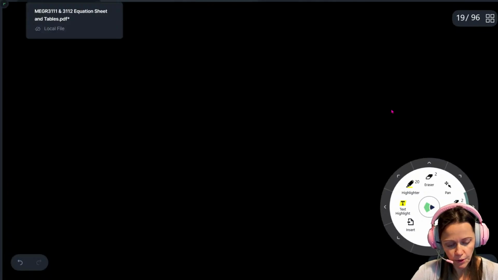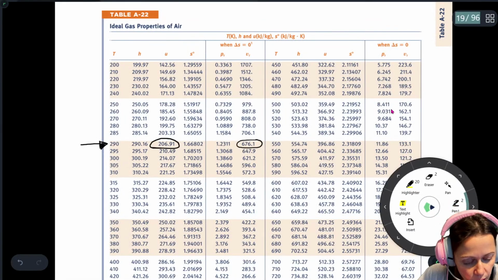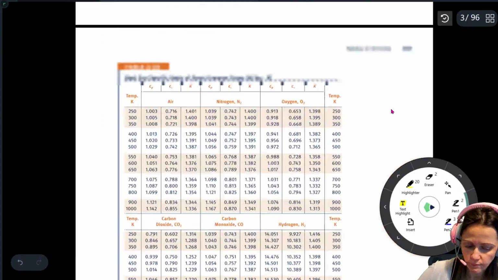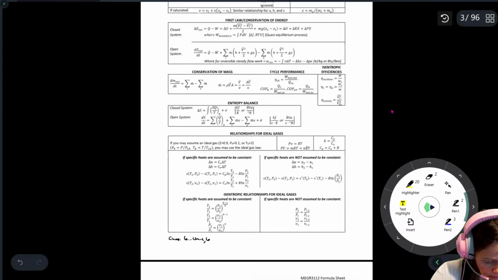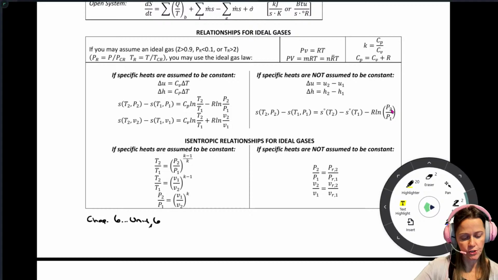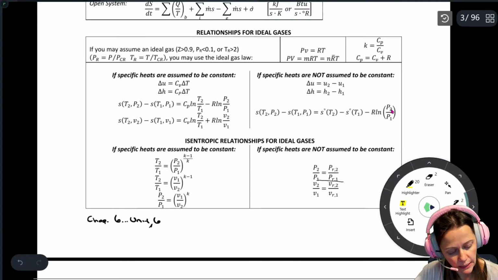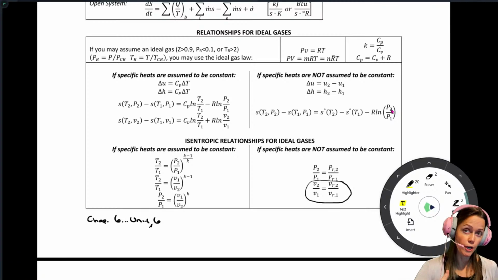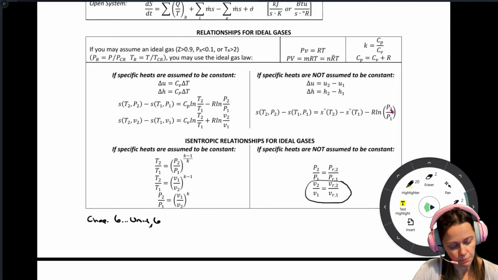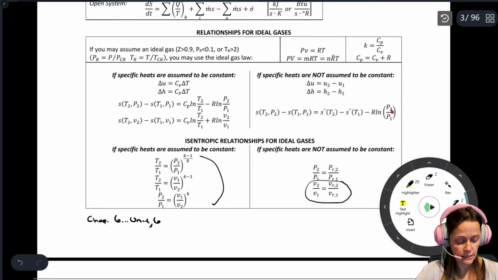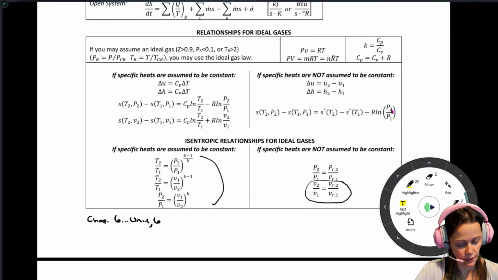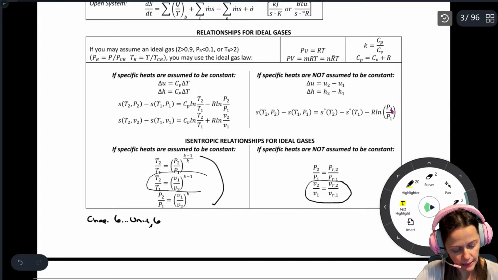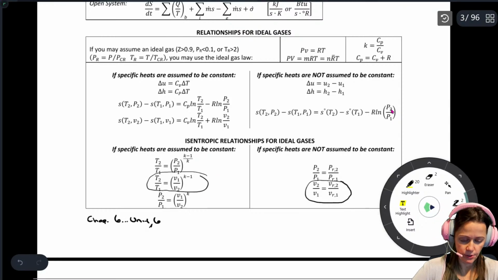If you forget where those are, they're all over here. If you don't assume specific heats are constant, you have to use relative specific volumes, or if it was useful, relative pressures. If you assume that specific heats are constant, then you can use those over there. Probably we're going to use that one.